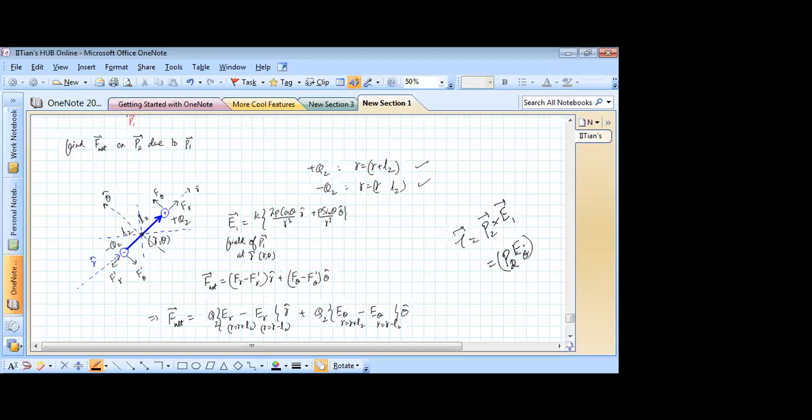So r cap cross r cap will become 0, and r cap cross theta cap will give you something coming out of the plane, or basically that axial unit vector.